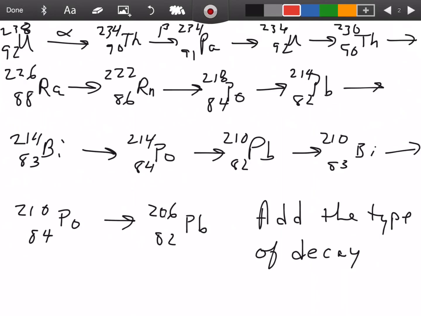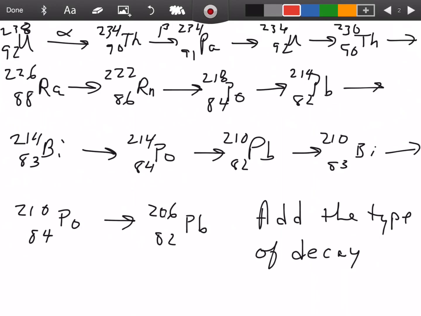We have 90 protons now, and if we look that up, that is thorium. That undergoes then beta decay, and beta decay again is increasing the number of protons by 1 to 91, but the mass stays the same, so 234. So we end up with protactinium, Pa, for the next piece.